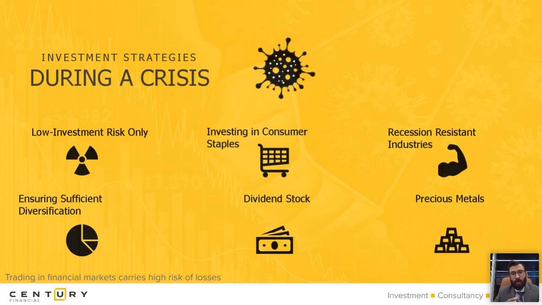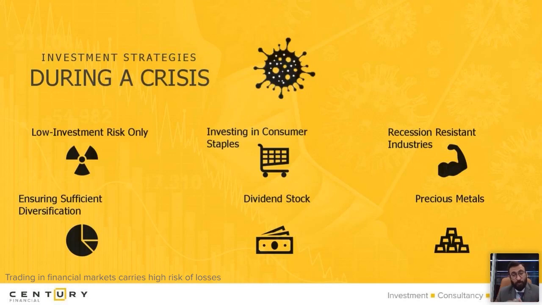But also, what we have to understand is, when we are talking about low investment risk, we should always remember that low investment risk can be, even if you're looking at stocks, there can be some shares which are less risky as compared to another. It can be companies like ExxonMobil, or companies like Walmart, or anything which is less risky during the crisis.